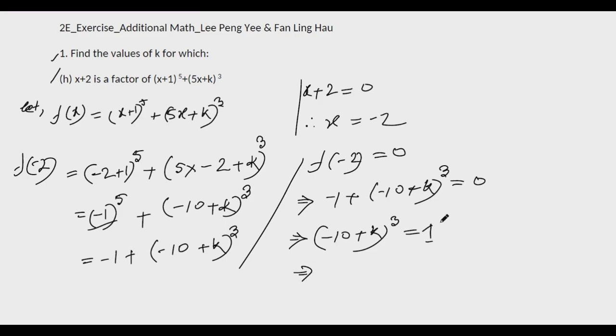So if we write 1 cubed, then on both sides the power is the same, that is 3. When the power is the same, we can say the base will be the same. So we can write minus 10 plus k is equal to 1. By solving this equation, we will get k is equal to 1 plus 10, which is 11, and this is the value of k.